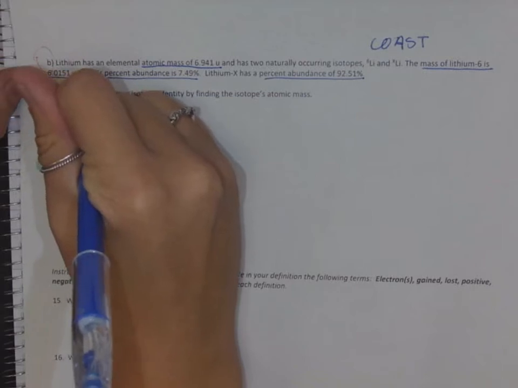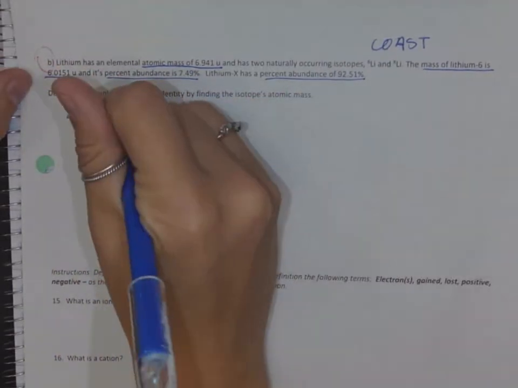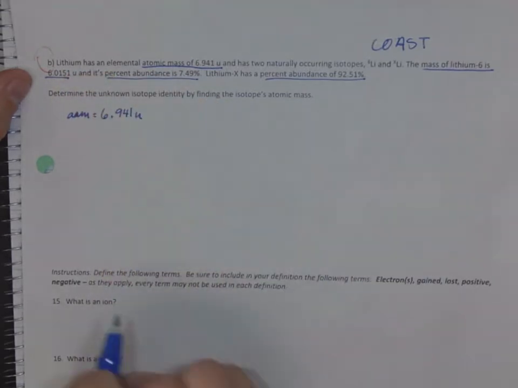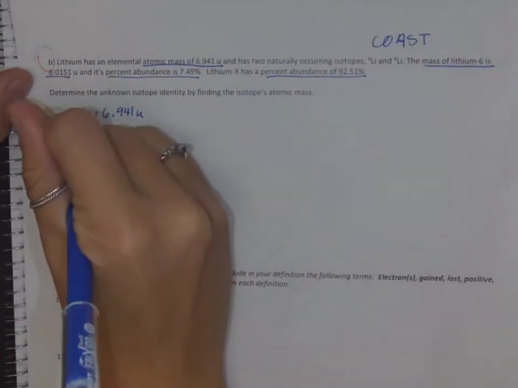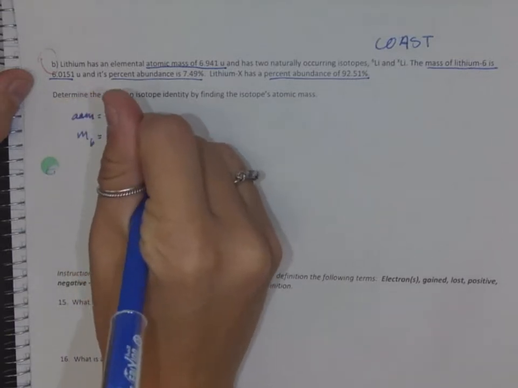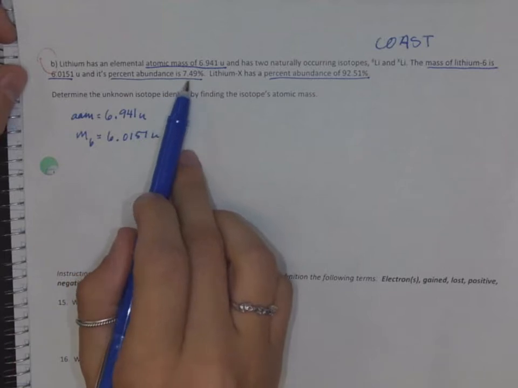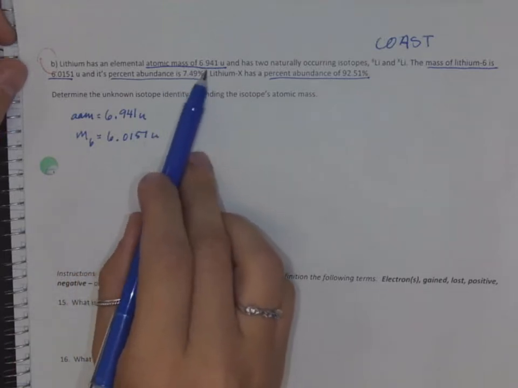So like the average atomic mass, 6.941 daltons, and then the mass of lithium-6 is 6.0151 daltons. The percent abundance, but remember when we're doing this, we don't want to keep it in the percentage form.